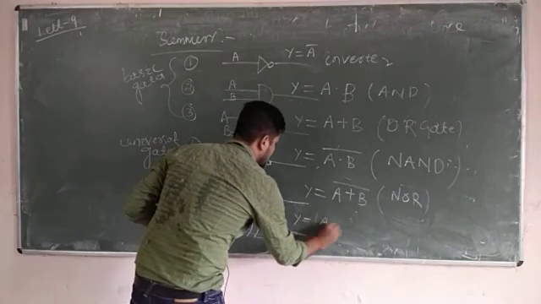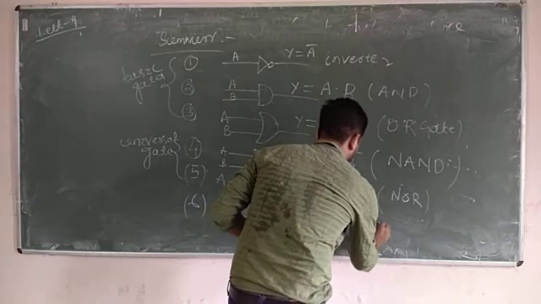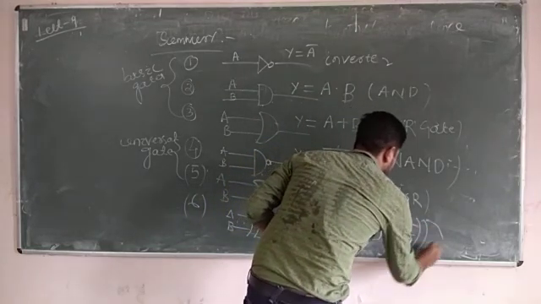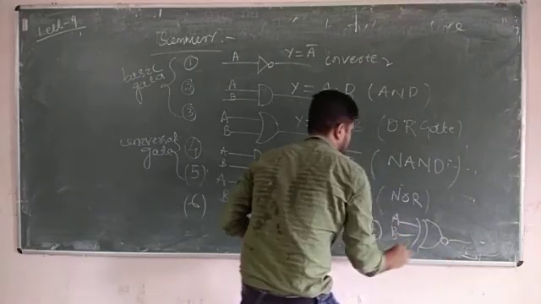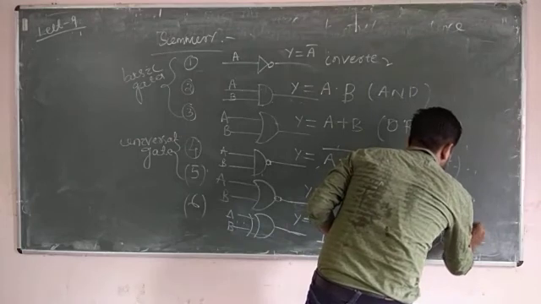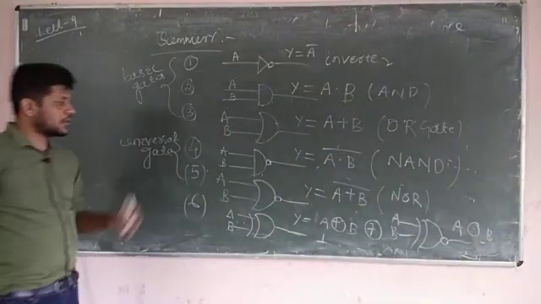Y is equal to A XOR B, and then the last one I have written here. Today we have studied about this gate, that is your XOR gate as well as your XNOR gate.